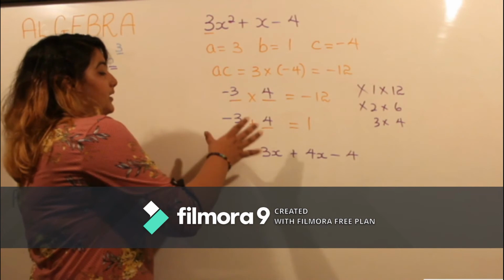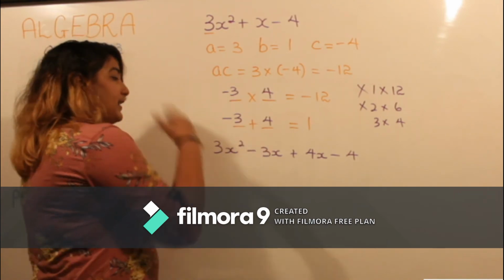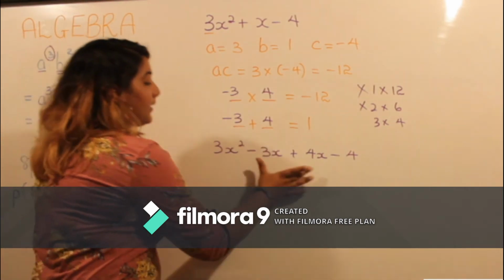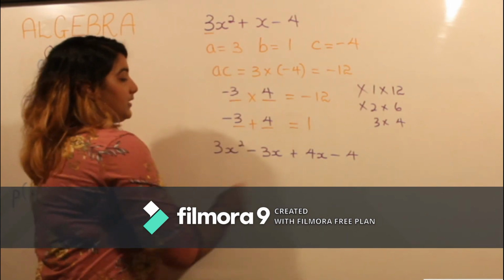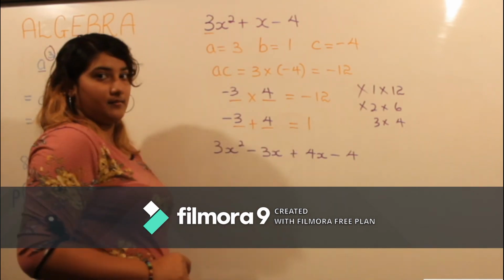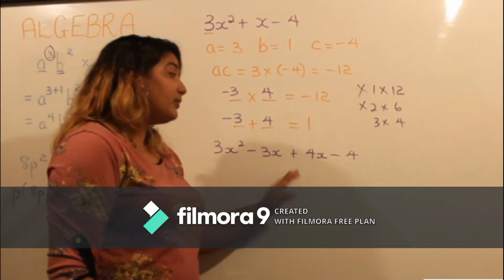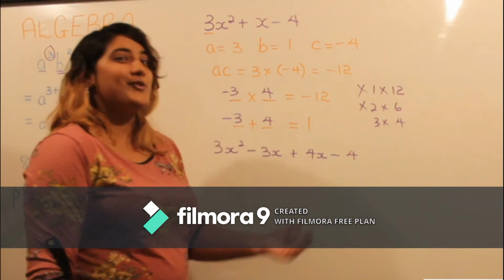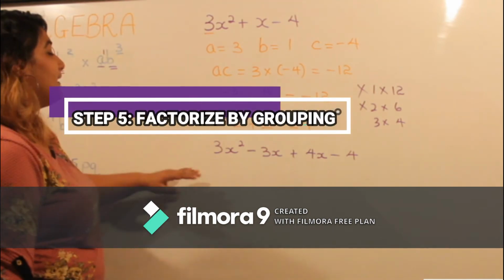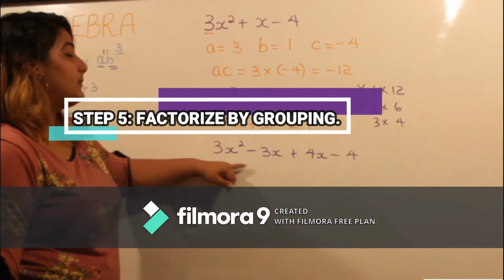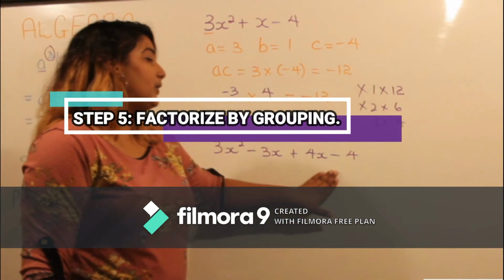Next thing is, because we're going to be using grouping, that's the reason why we have to break up that single middle term into the sum of these two terms. From here, no, you are not going to find the sum of these. You're going to do factorization by grouping. So you're going to be looking at 3x squared minus 3x, positive 4x minus 4.